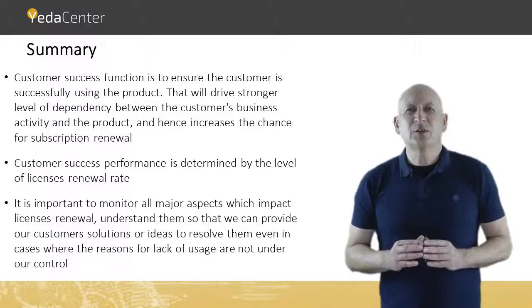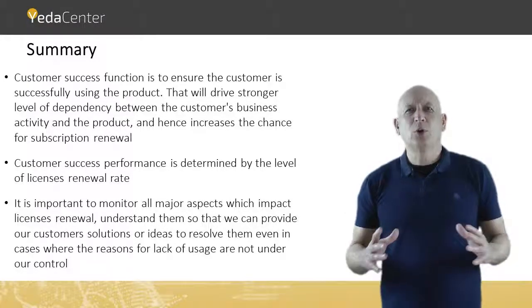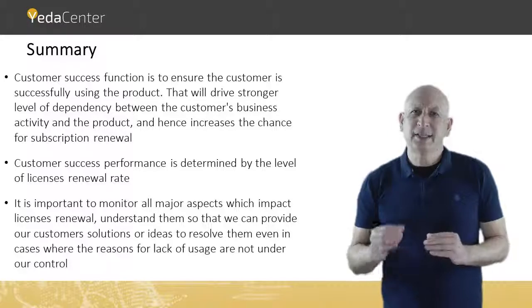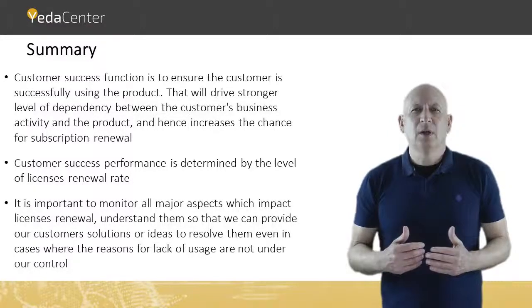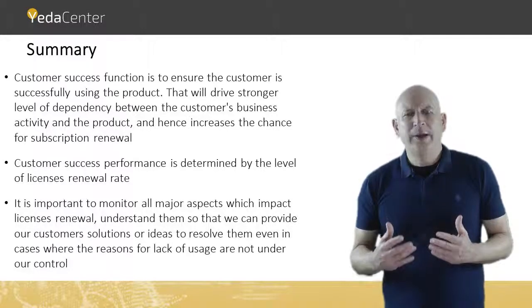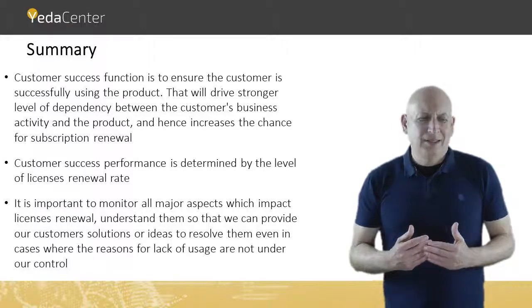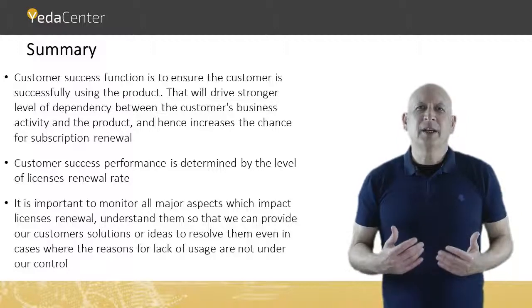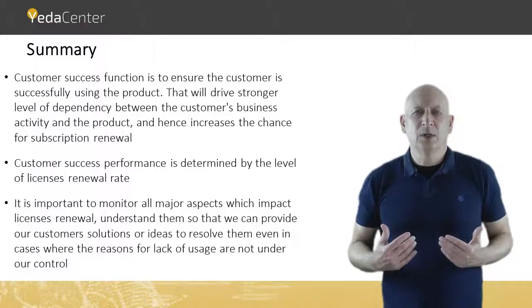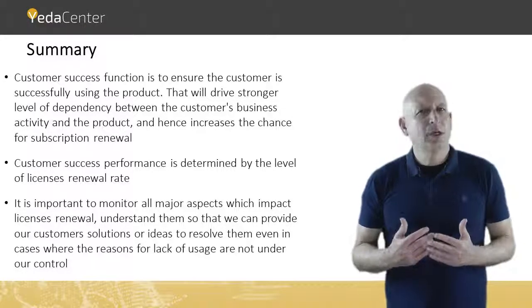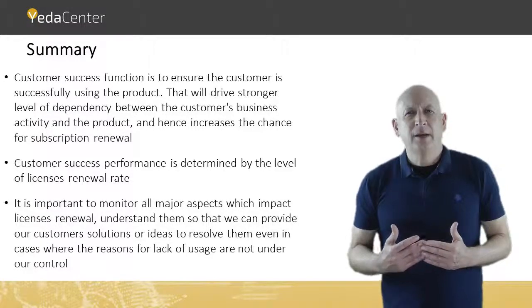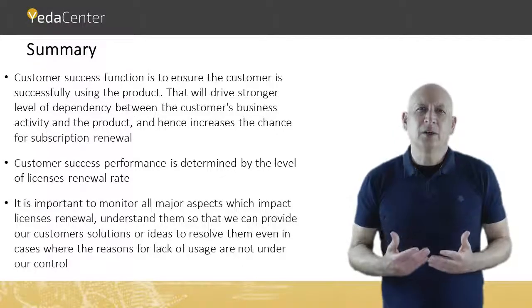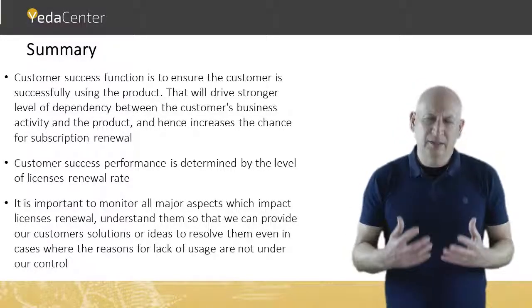Since the customer success function has such a broad view as well as deep understanding of the usage level, what is used, when and how, the amount of information that this function can bring back to the product team is significant. And that is another layer of contribution that this function brings into the organization.